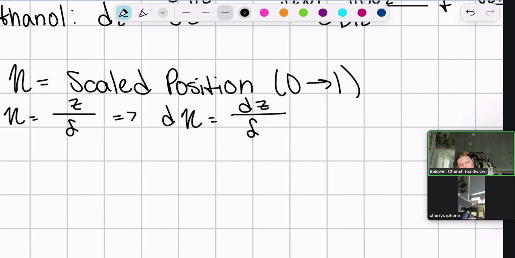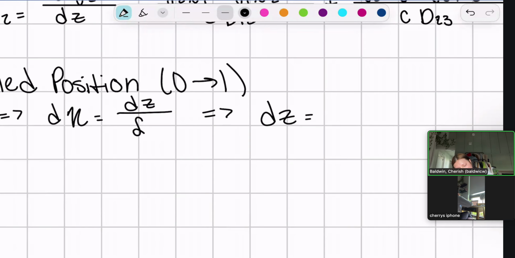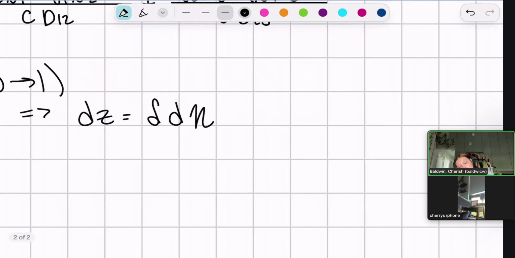So then we can also write this as the derivative of z position is equal to the tube length times the derivative of the scaled position, and finally the tube length is equal to the position divided by the scaled position.